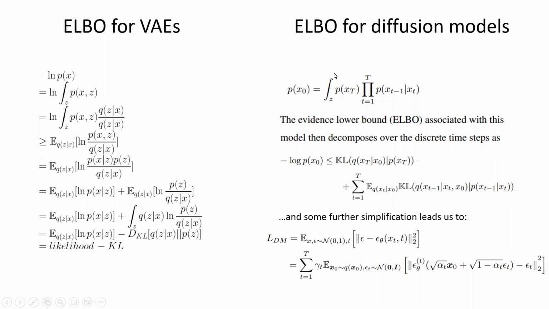So first of all, we're going to decompose the probability of x naught as the probability of x_T times the probability of x_{T-1} given x_T, times the probability of x_{T-2} given x_{T-1}, etc. And then we're going to integrate over all t not equal to 0.